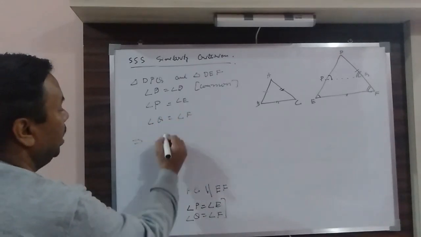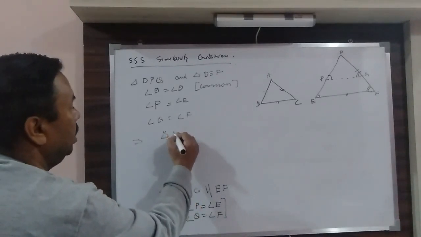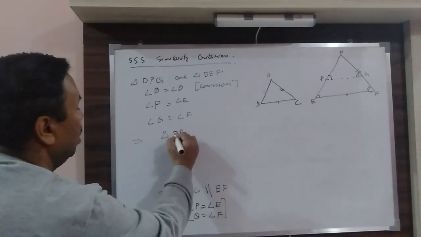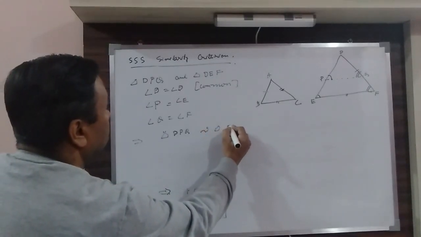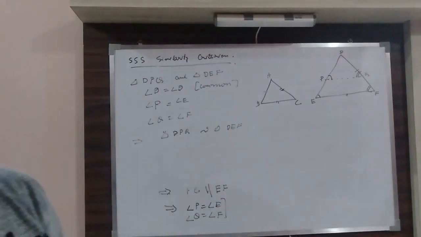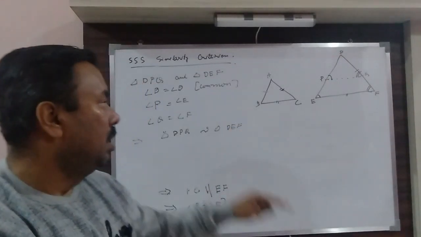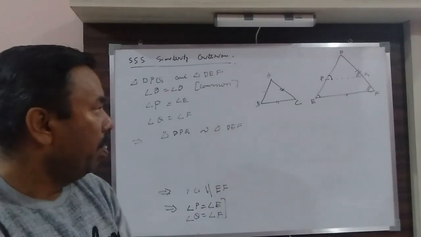So I can say that triangle DPQ is similar to triangle DEF. These two triangles are similar.